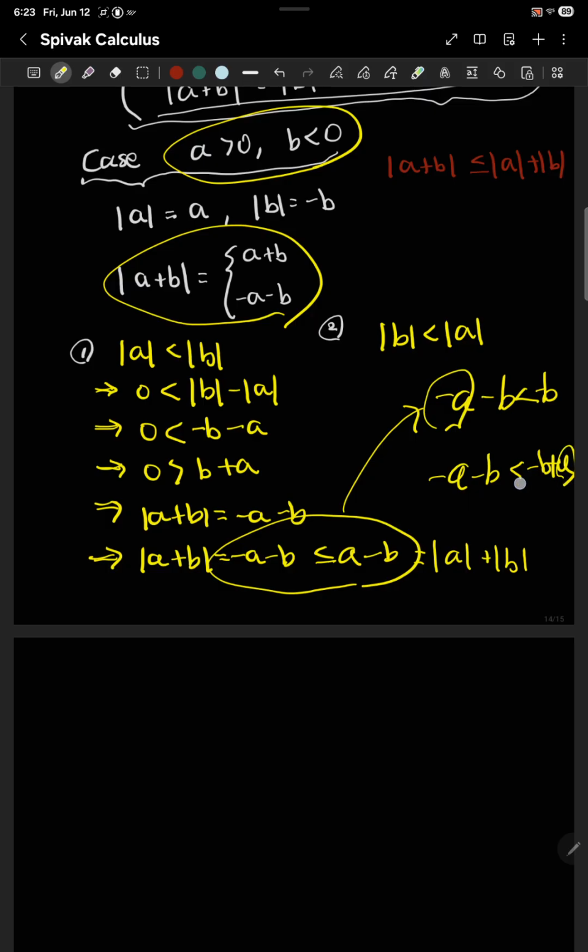Because this total value is the same value we just calculated plus A. So this inequality is satisfied, and this is basically equal to the absolute value of A plus the absolute value of B.